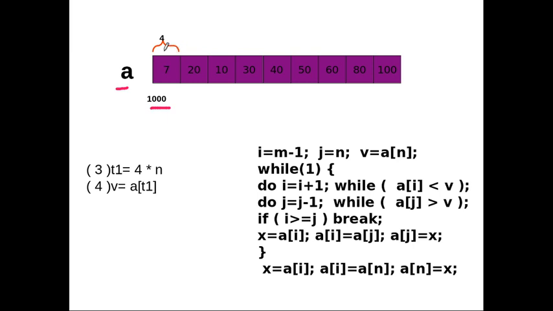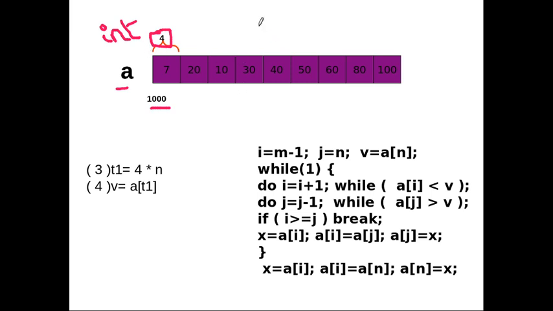How many bytes are we allocating for this array? If its type is integer, I am assuming a 64-bit architecture, and it needs 4 bytes. So that means 1000 to 1003 is allocated to the first element, 1004 onwards up to 1007 the second element, and so on for each and every 4 bytes.